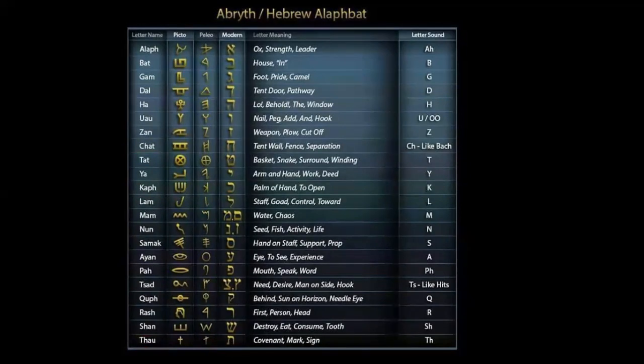Of course, for this lesson, we are focusing on the tat, which is, of course, the 9th letter in the AlaphBat.